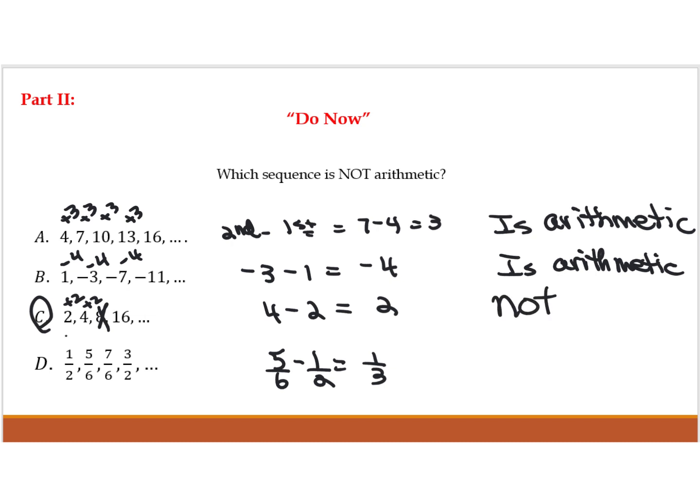And you're going to add 1/3 to each of these and check that on Desmos, and it does work. So D is arithmetic.